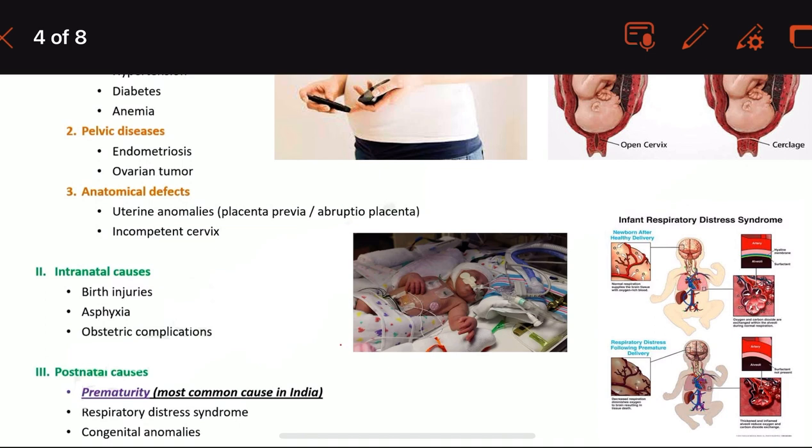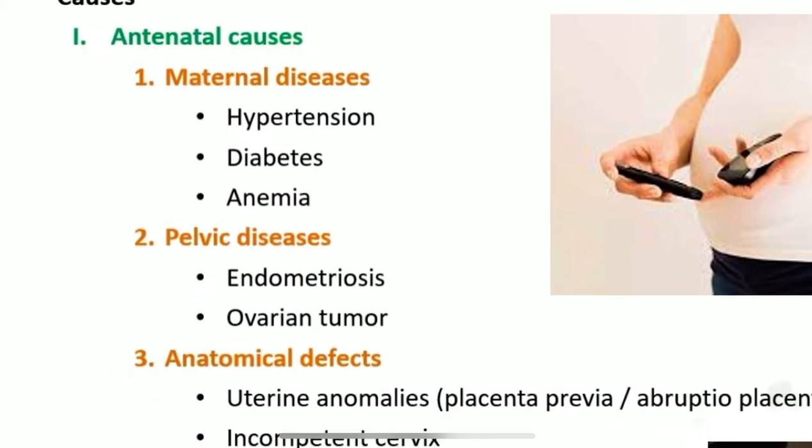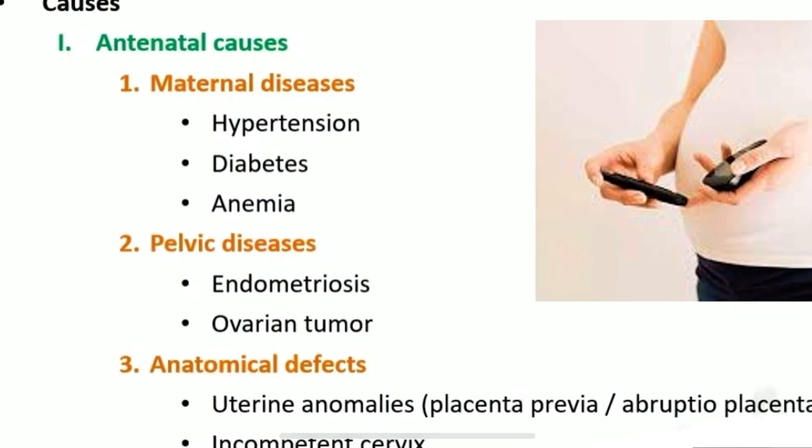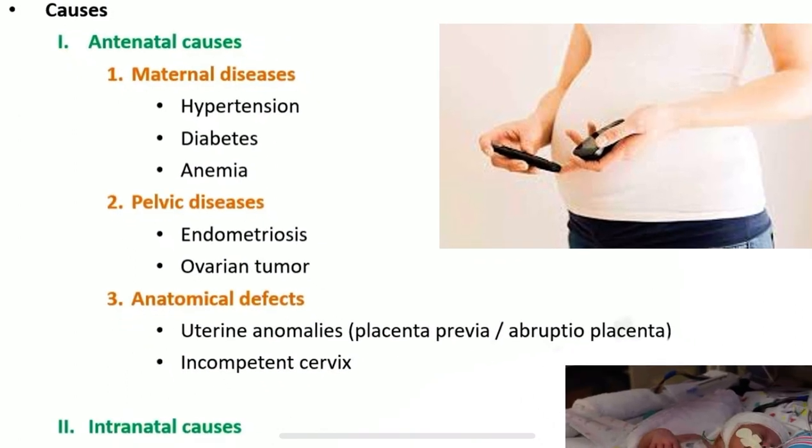So we know the time period. Now let us relate the causes and understand. The antenatal cause could be during the pregnancy, right? From 28 weeks of gestation it starts. So if the deaths are occurring from at least 28 weeks, it is considered to be perinatal mortality.